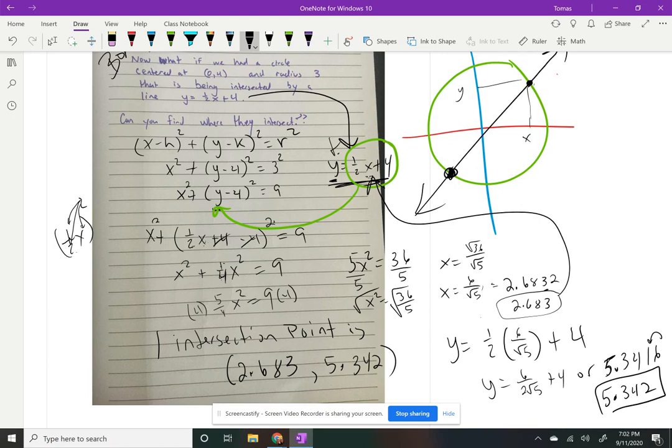You guys, I got a couple emails from the last bonus. This is strictly a bonus. You find that second point, and I'll give you 5 points bonus. Okay? So this line goes through this circle twice. I want you to see if you can find the second point.